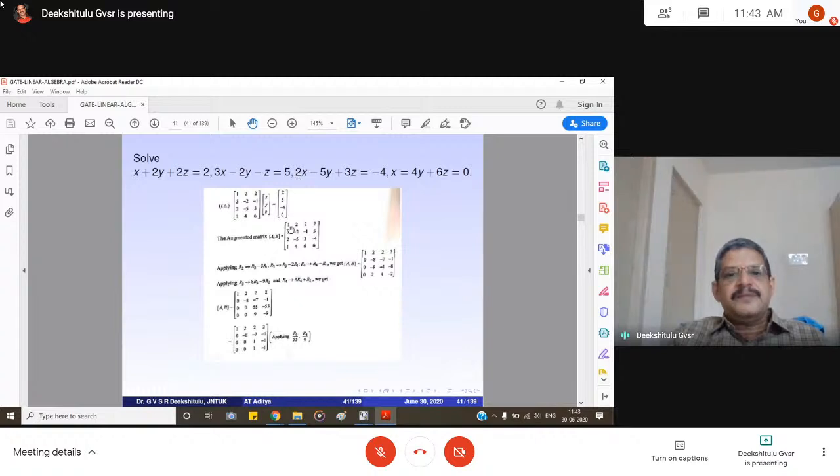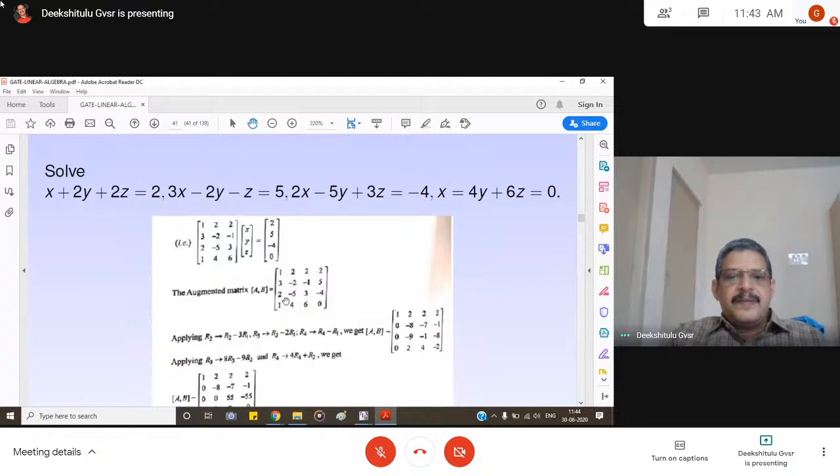Ax is equal to B. Interestingly, we have 4 rows and 3 columns. It's not a square matrix. So consider the augmented matrix, that is, the matrix augmented with the constant column vector 2, 5, minus 4, 0.